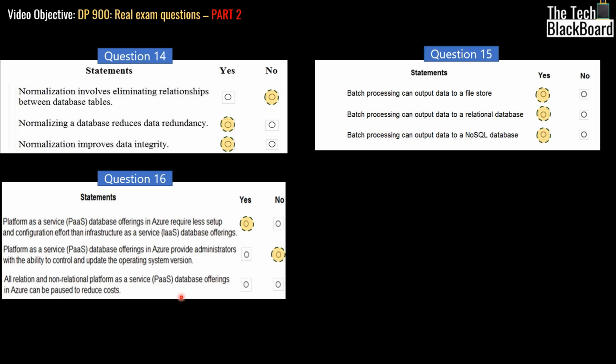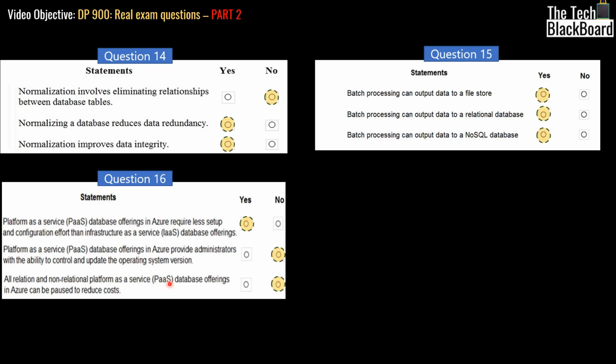However, in PaaS, you cannot pause all the services to reduce the cost, right? The important thing is that it says all relational and non-relational PaaS offerings, so you cannot pause all of them. So this statement is again a no.